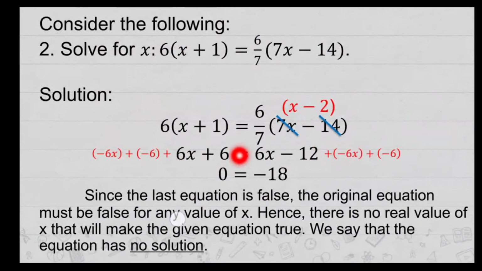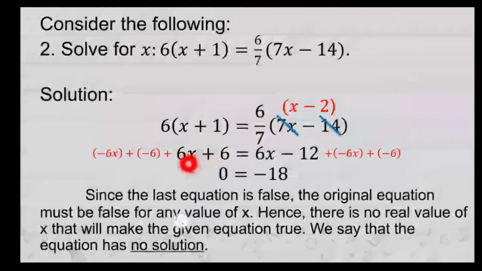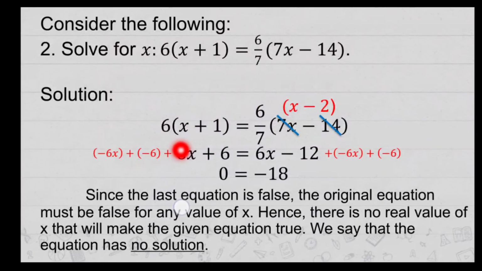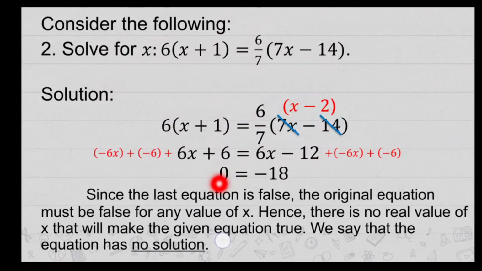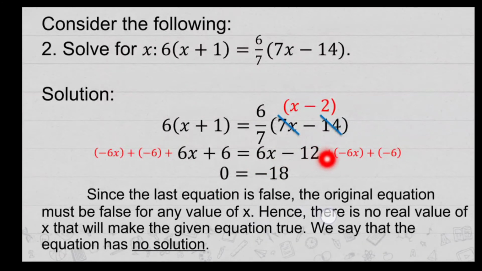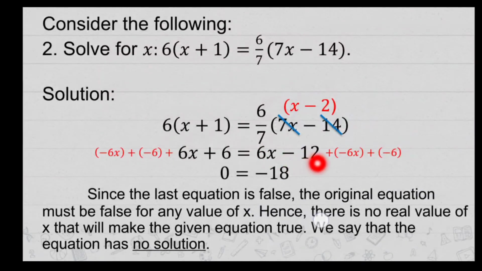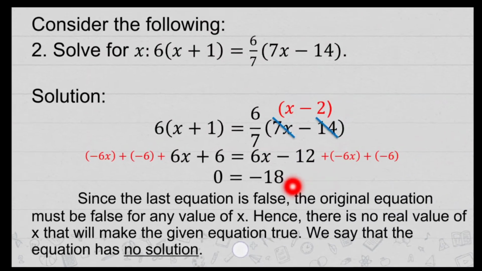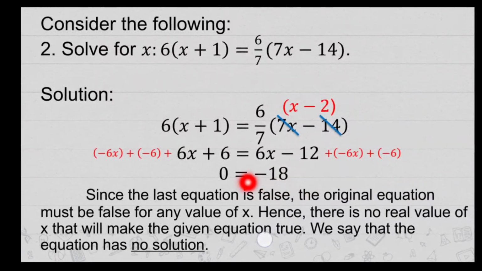Now let us simplify. Negative 6 plus 6 is 0. Then negative 6x plus 6x is 0. Therefore, our answer here is 0. Then 6x plus negative 6x is 0. Then negative 12 plus negative 6 is negative 18.